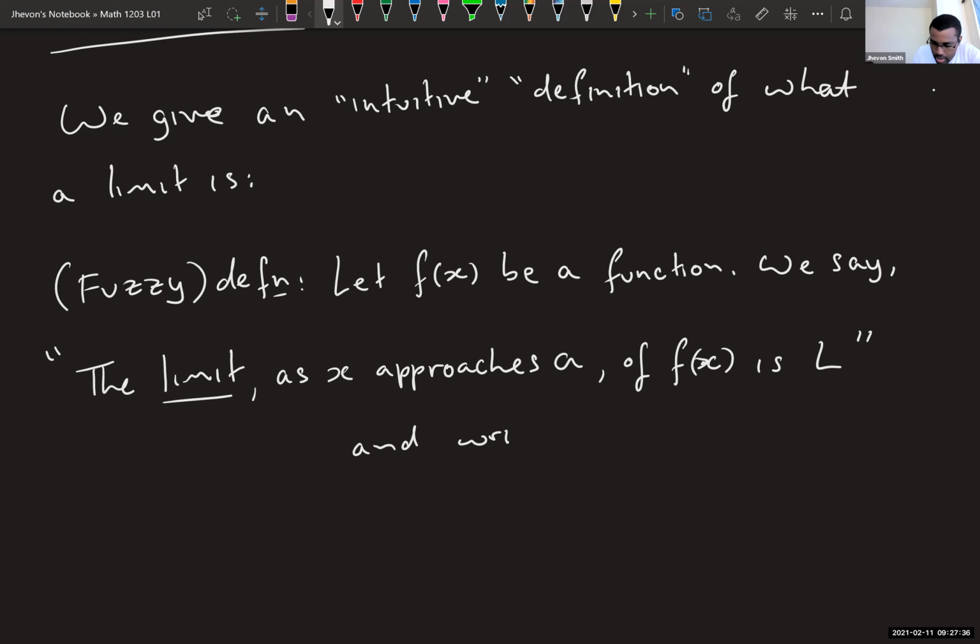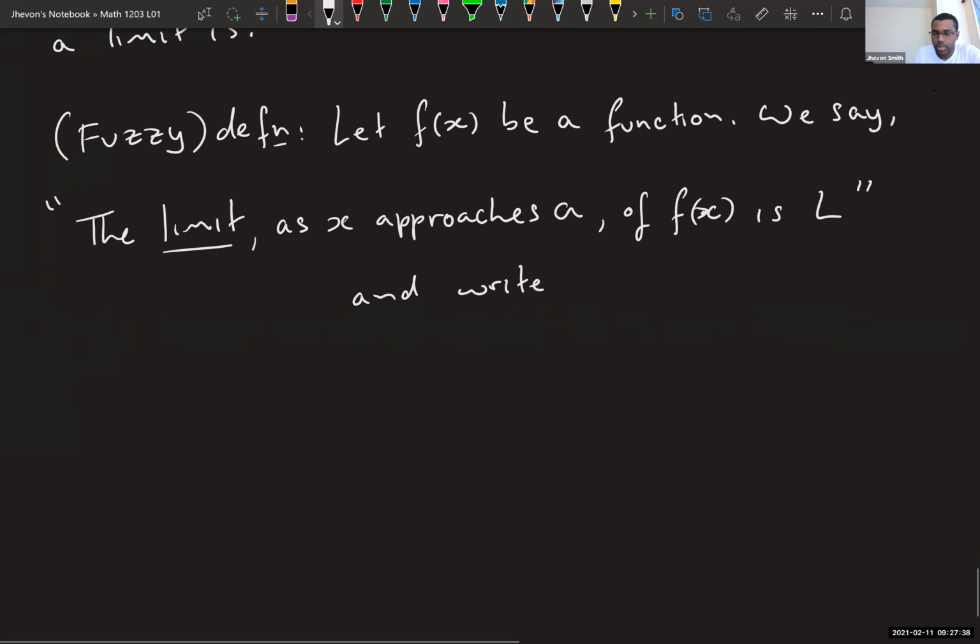and write this expression. So this is the sentence I would use to describe the notation I'm about to write.